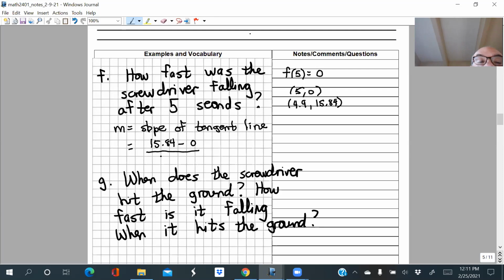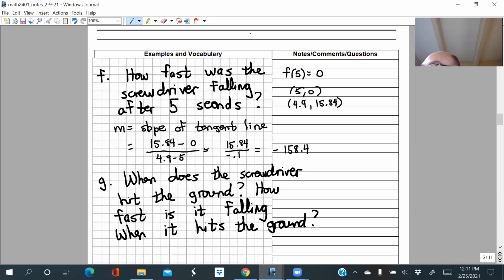Divided by what? 4.9 minus 5. So we get 15.84 divided by 0.1. That's negative, right? Okay, and it's pretty easy to divide by 0.1, right? That's the same as just multiplying by 10, correct? So it looks like I'm going to come out with minus 158.4. Okay.